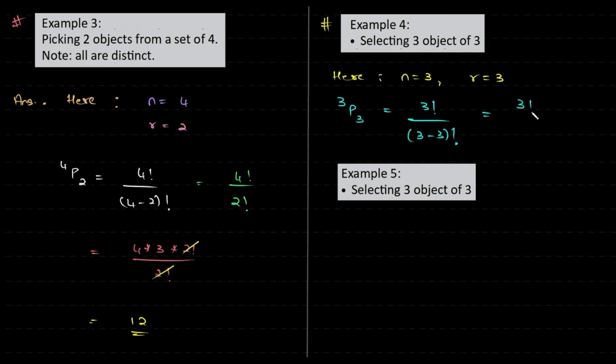But 3 minus 3 is 0. What should we do? Well, 0 factorial is nothing but 1. So it's 3 factorial divided by 1. I'm going to write the answer directly, 6. So remember, this is 1. Why is this 1? I'm going to explain in the next video.